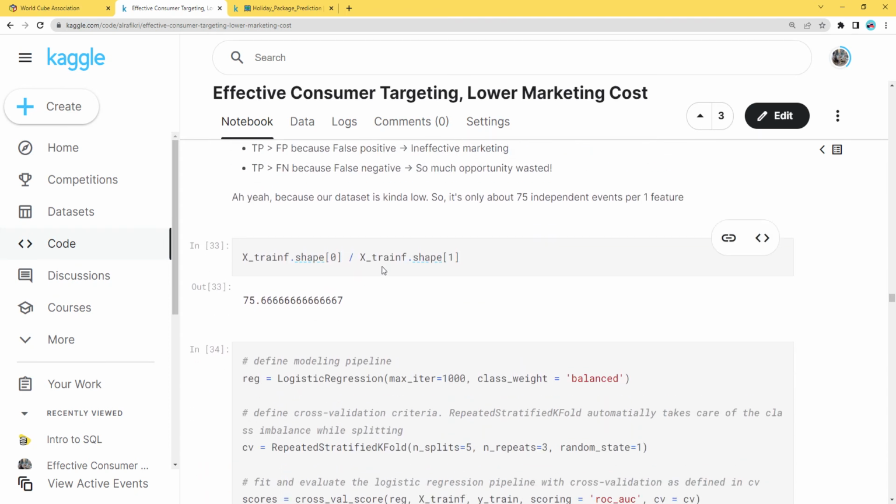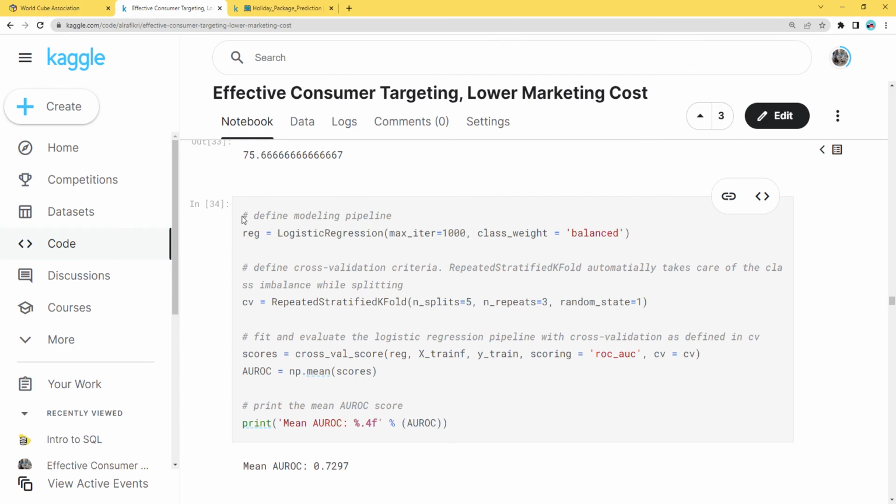So after we create the features, we try to find the ratio between our features and our rows. It's actually 25. Yeah, it's still kind of low. I want it like 1 in 100, but it's enough, because the bare minimum for me is 1 in 50.